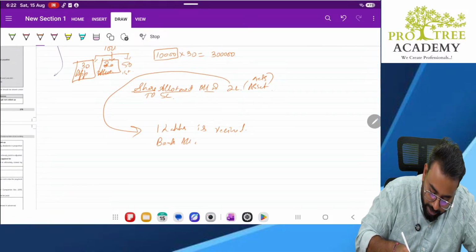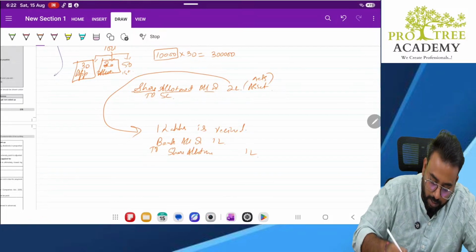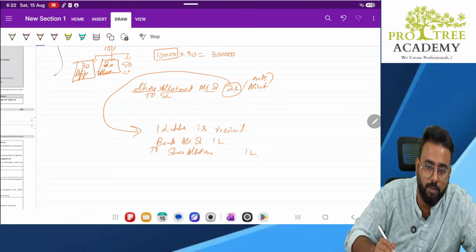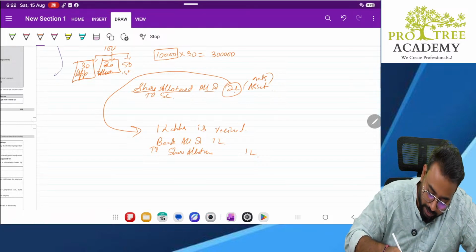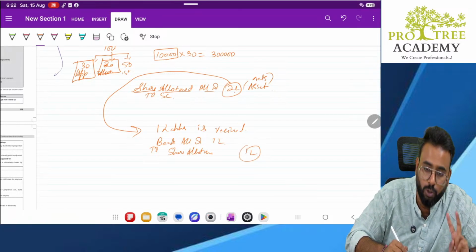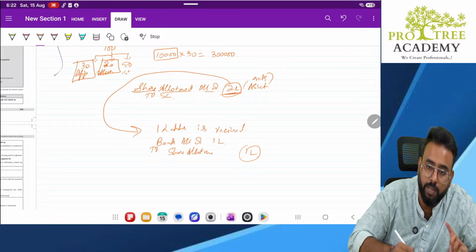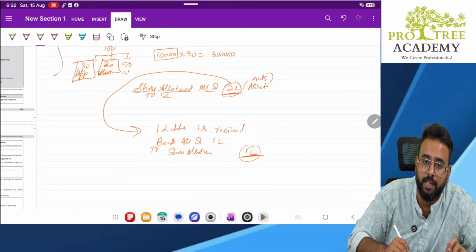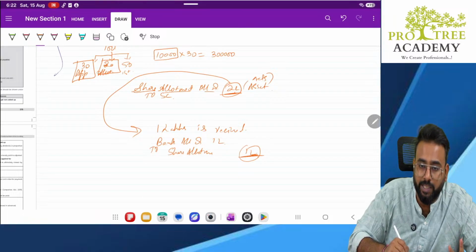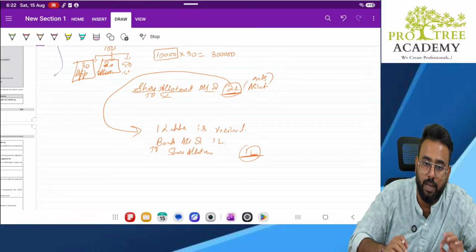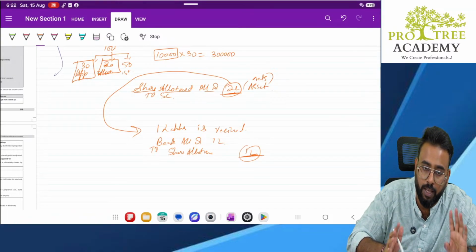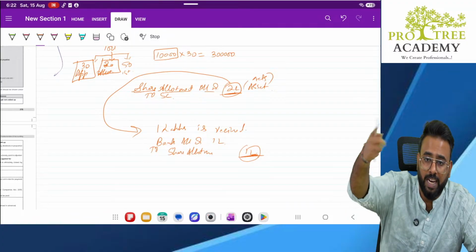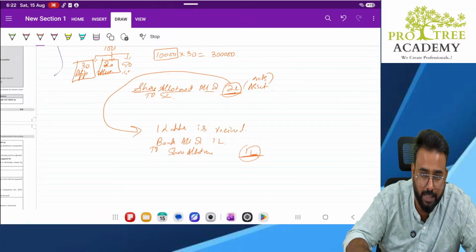Bank account debit 1 lakh to share allotment account 1 lakh. Now look carefully. The share allotment account was debited with 2 lakh and credited with 1 lakh. That means out of 2 lakh receivable, we have received only 1 lakh, so another 1 lakh is receivable.